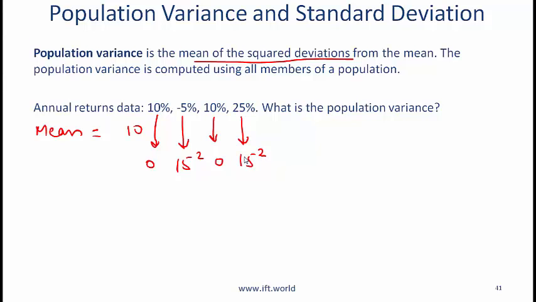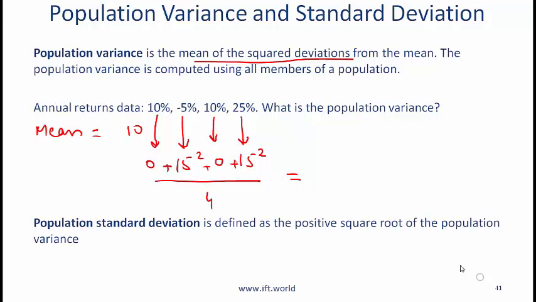So we need to find the mean of these squared deviations. So we just add them all and divide by 4, and we get 112.5. So this is the population variance.